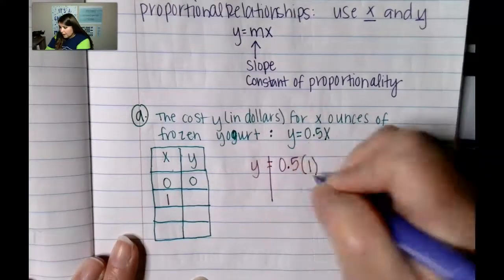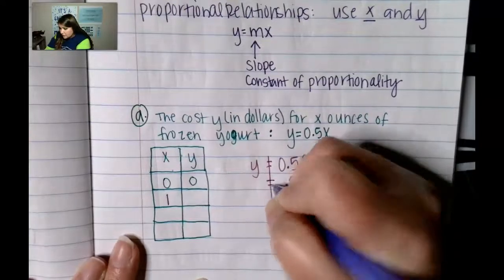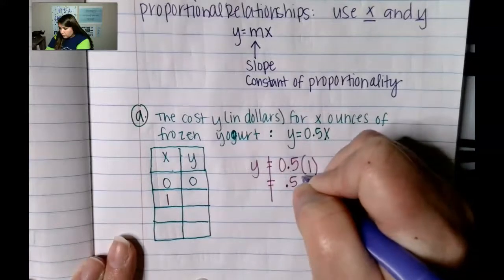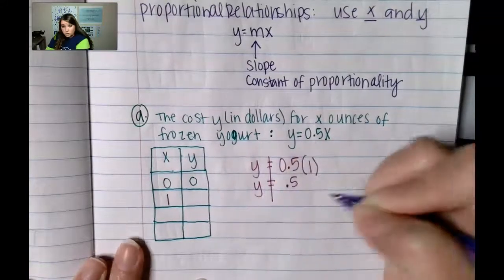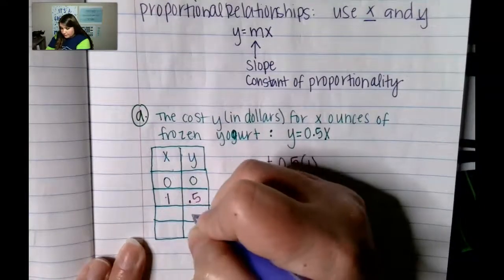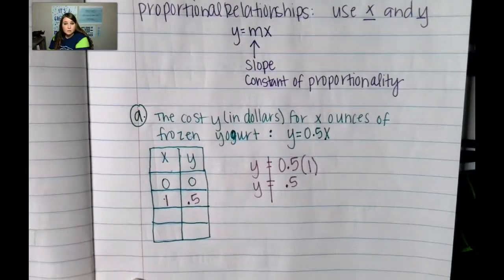Half of 1 is 50 cents. So my Y value is equal to a half. So when I buy 1 ounce, I'm paying 50 cents.